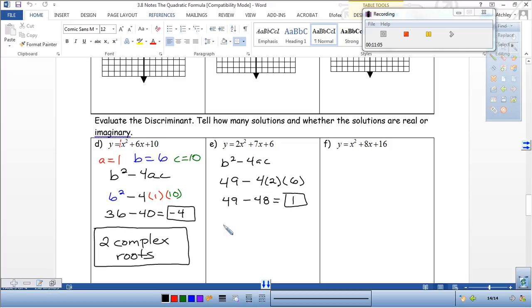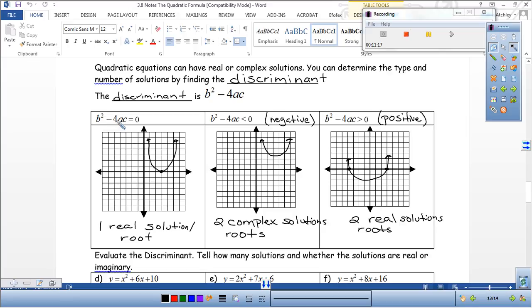Okay, so that means there's going to be 2 real roots. I can go back here and just double check. 1 is not equal to 0, so it's not 1 real. 1 is not less than 0, so it's not 2 complex. 1 is greater than 0, so it's 2 real solutions. Okay?